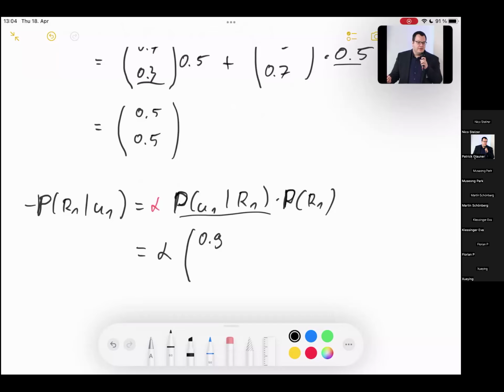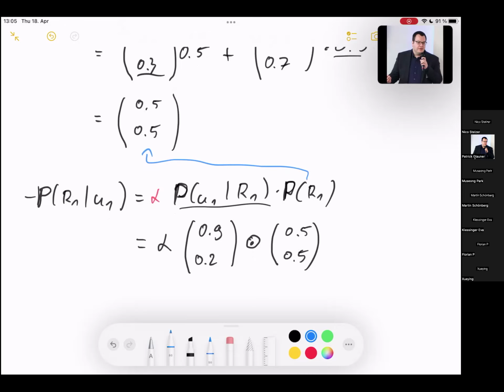And what we also saw is that here we get a 0.2, because this was just the other entry in the model, where we said if there was no rain, then the probability is 0.2 of having an umbrella. And now we need to do this sign here. It's written like this in the slides. It's an element-wise multiplication. And P of R1 is just this one. So it's 0.5 and 0.5.